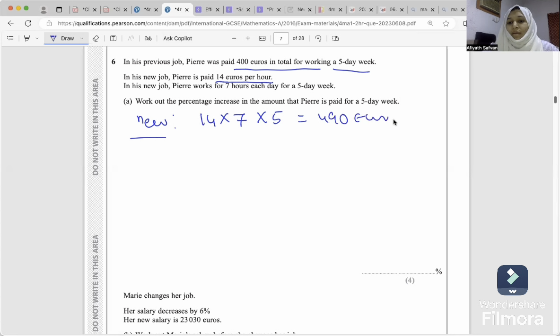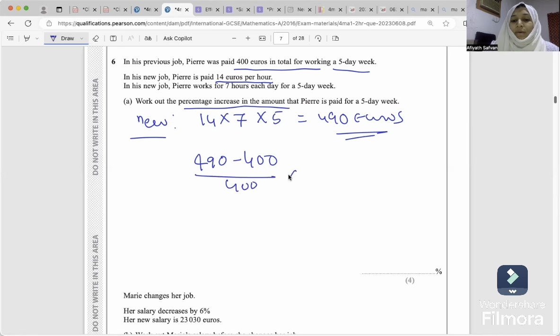You need the percentage increase in the amount Pair is paid for a 5-day week. Before he was paid 400. So percentage change is 490 minus 400, divided by the original value 400, times 100, which is going to be 22.5%.